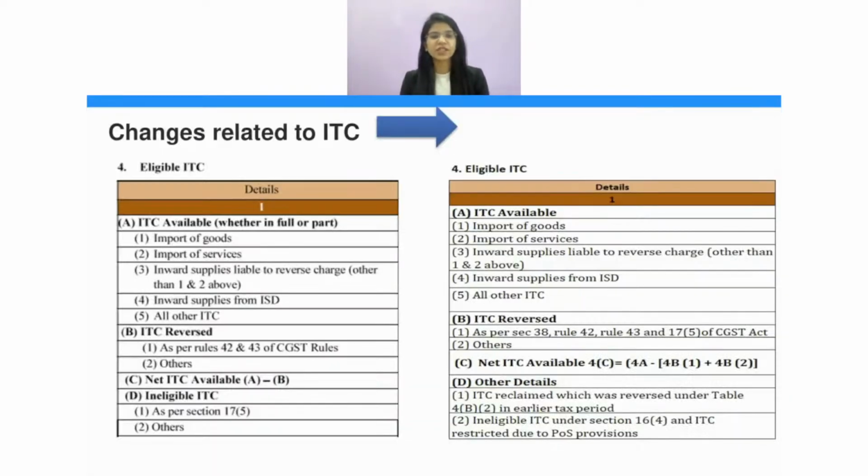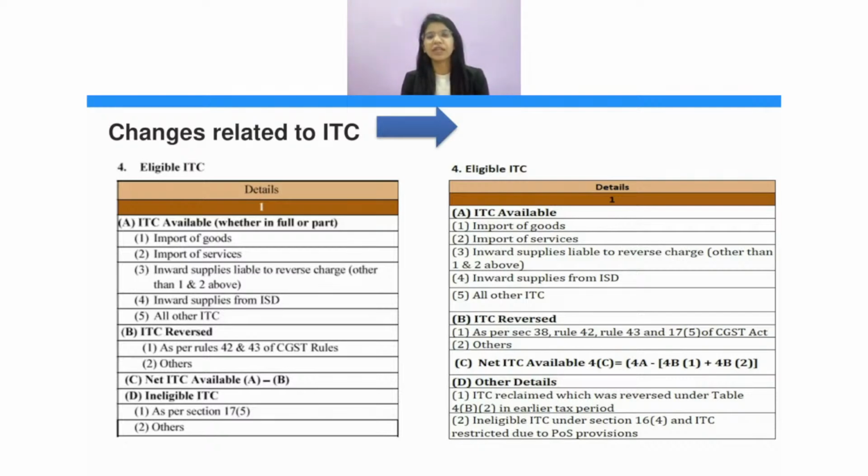If I talk about the eligible ITC, which is table number 4, upfront there is 4A, which is ITC available. Then we have 4B, which is ITC reversed. And then we have 4C, which is the net ITC.